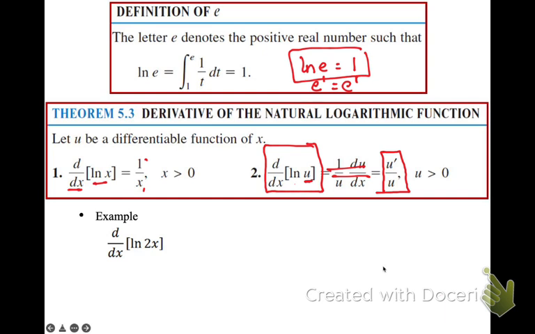Now, I'm going to go back and look at the first one. Do not write it down, but I'm going to tell you why it is. If I have x, that would be u, correct? Well, what would the derivative of u be? What's the derivative of x? 1.